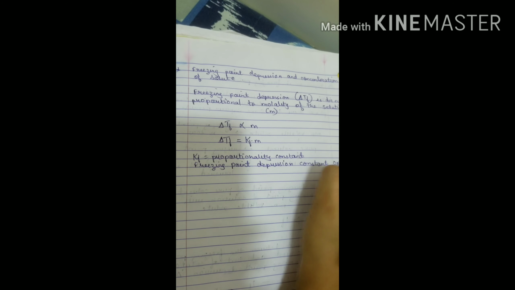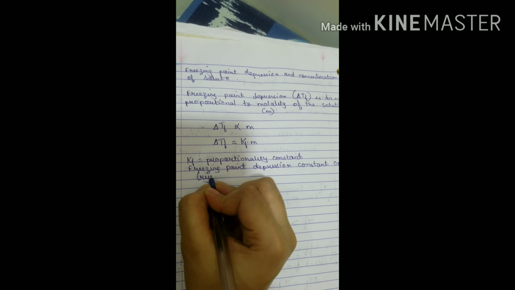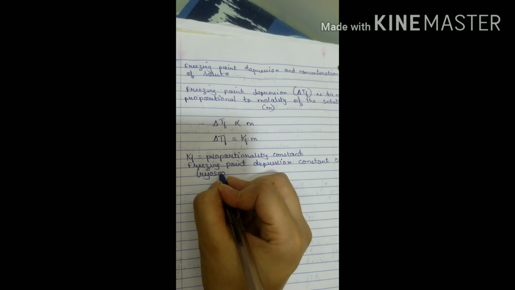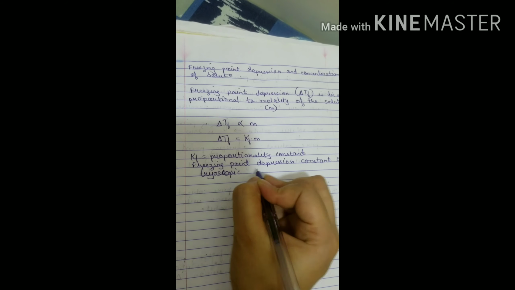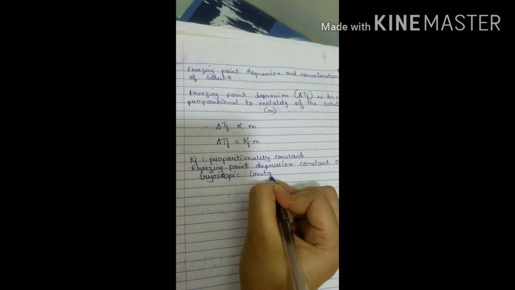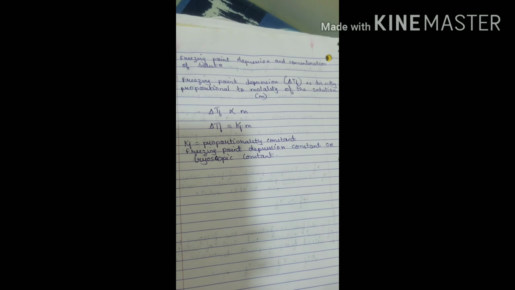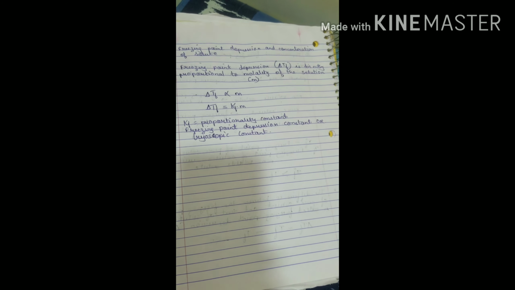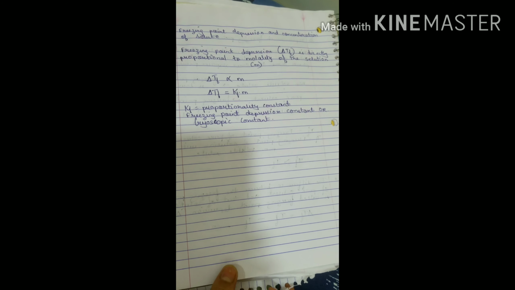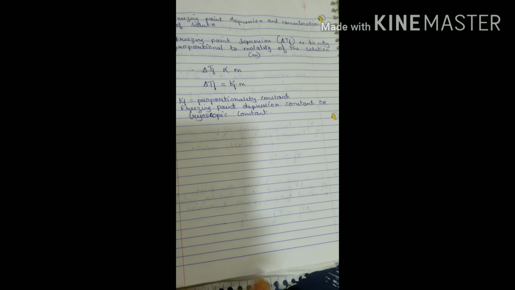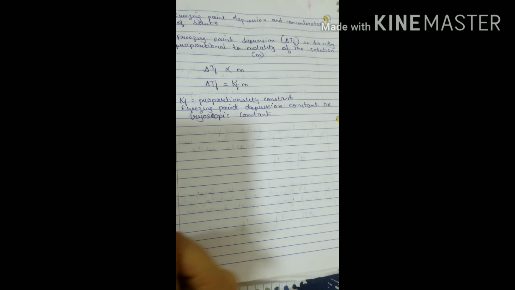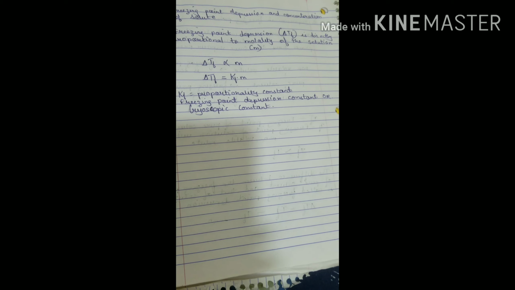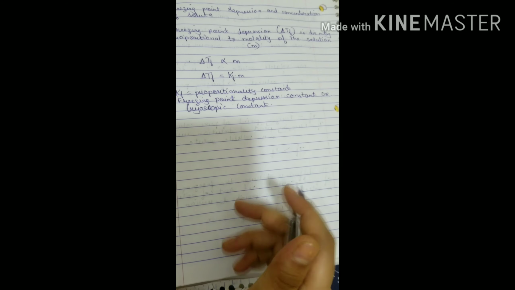or you can also call it the cryoscopic constant. Okay, so there are two names for this proportionality constant. One is the freezing point depression constant and the second one is the cryoscopic constant. Now similarly, the way we solved for boiling point elevation, we are going to do the same derivation here.